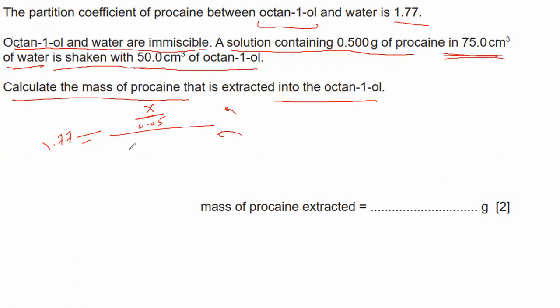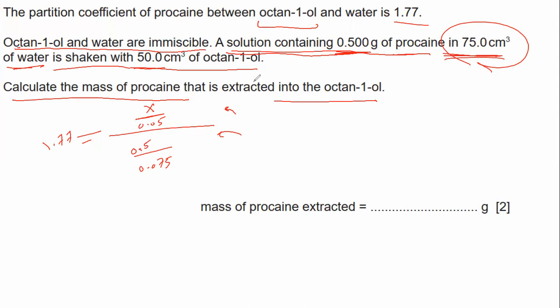Look, first of all, the volume of water, let's write it. It is 0.075. This is the volume of water. A solution containing 0.5 of procaine. So we originally have 0.5 in water.